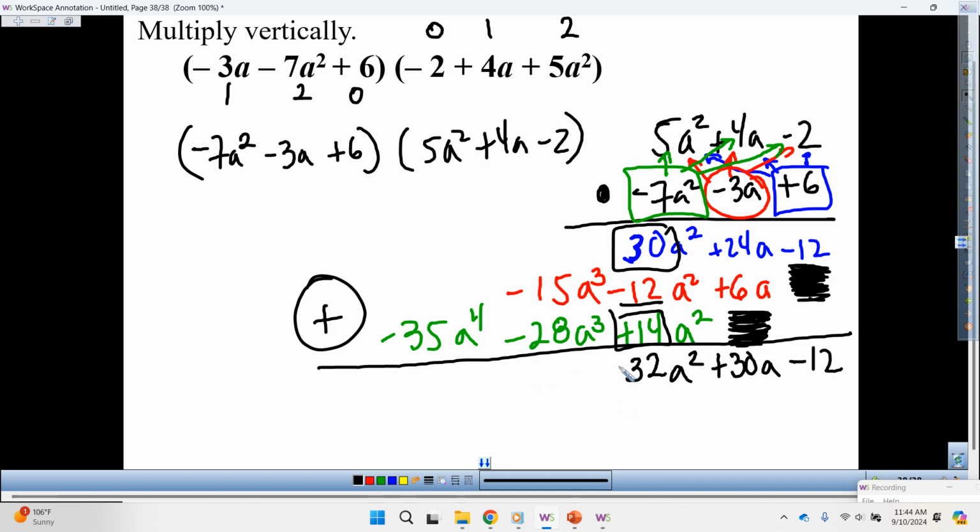And this is a plus. Next, negative 15 and negative 28 is negative 43a cubed. And then just bring down the negative 35a to the 4.